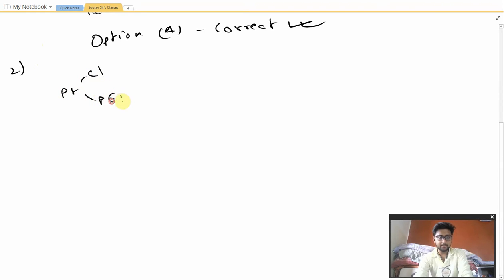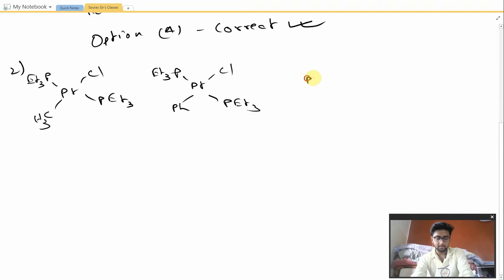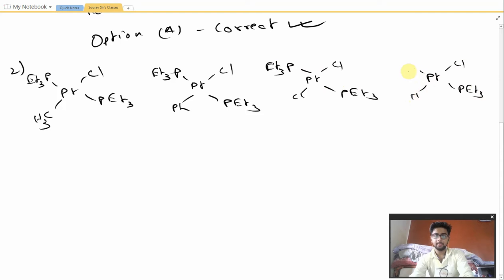PEt3, CH3, Pt, Cl, PEt3. The other complexes: Pt, Cl, Cl, PEt3 and PEt3, and the last complex that is drawn is Pt, Cl, PEt3, H and PEt3.